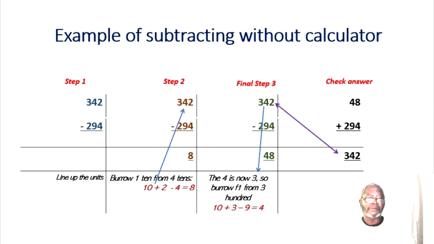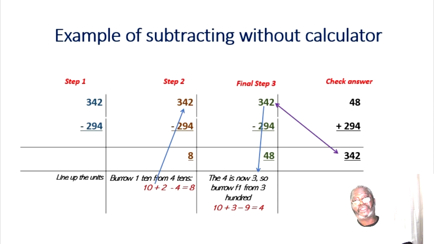If you look at the bottom, I've made some notes for you so that you will understand what I've done at each stage. In the fourth section, where I say check answer, when you subtract and you get your answer, you need to do the opposite calculation to make sure you've got your answer right. So if you take 294 from 342 and you get 48, is it right or is it wrong?